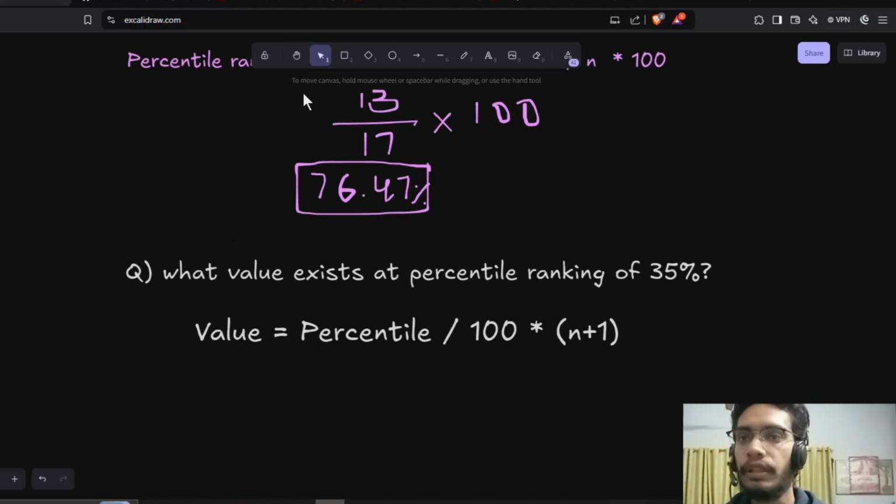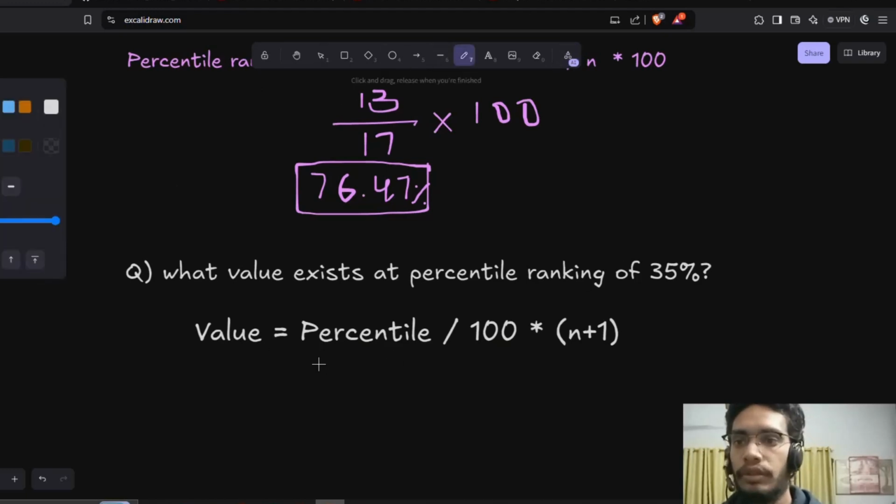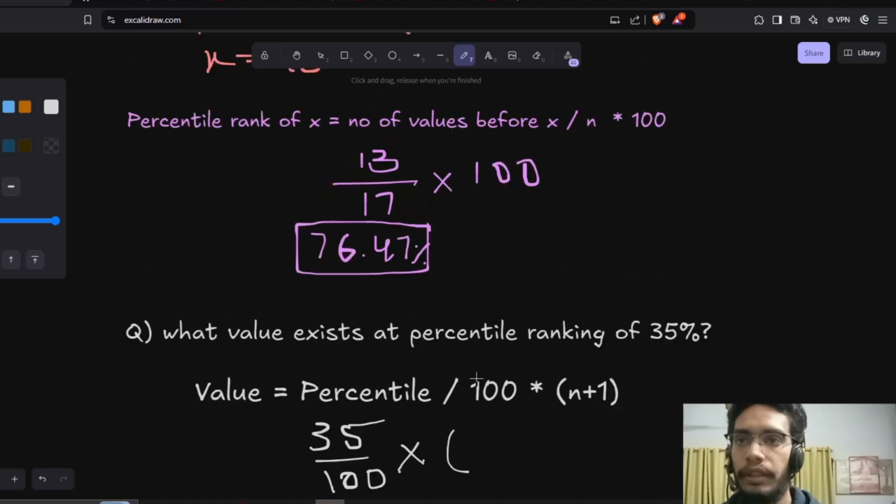How are we going to do this? There's a simple formula here. This is the basic formula to calculate the exact value present at a given percentile. Let's say in our example, we have 35%, right? So what we're going to do here is 35 divided by 100 and then multiply by the total number here.